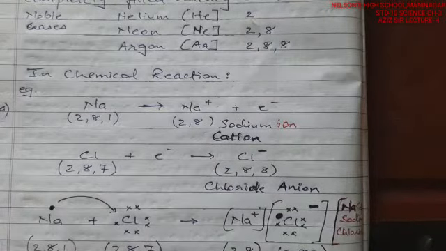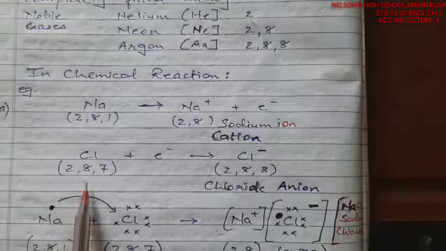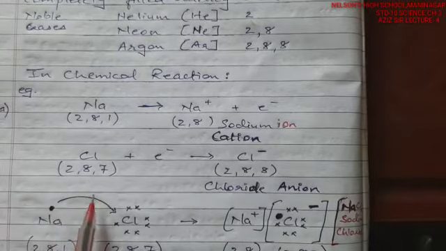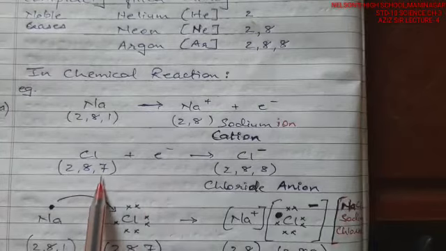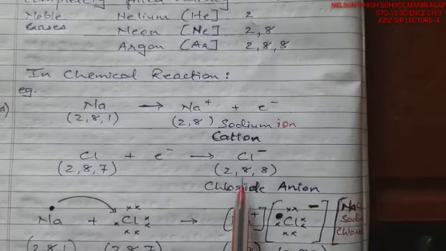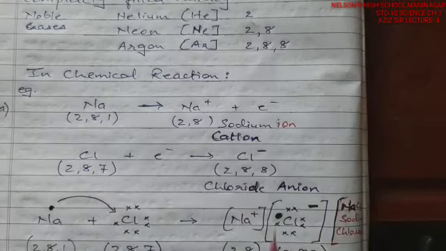In the same way, chlorine has 2, 8 and 7, so it has 1 electron less to fill up. So it takes 1 electron in the outermost shell, that is called the valency shell, and chlorine turns to 2, 8, 8, that is called a chloride ion. Fine.